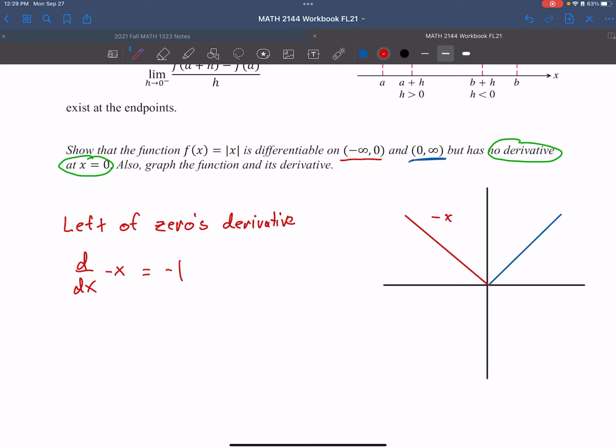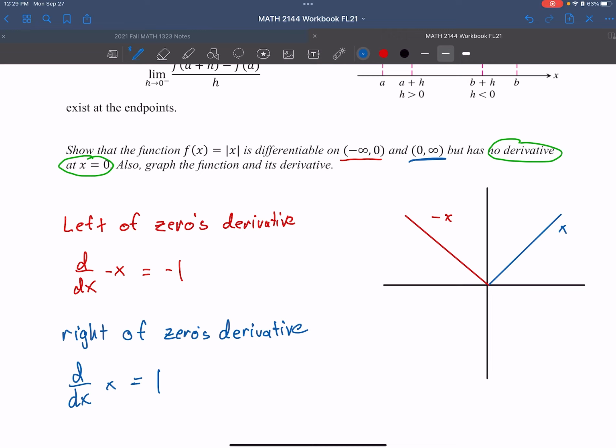It's just negative x for that piece of the function. And then the right-hand side is just positive x, so the right of 0's derivative, with 0 being the point, is going to be 1. So those differ.